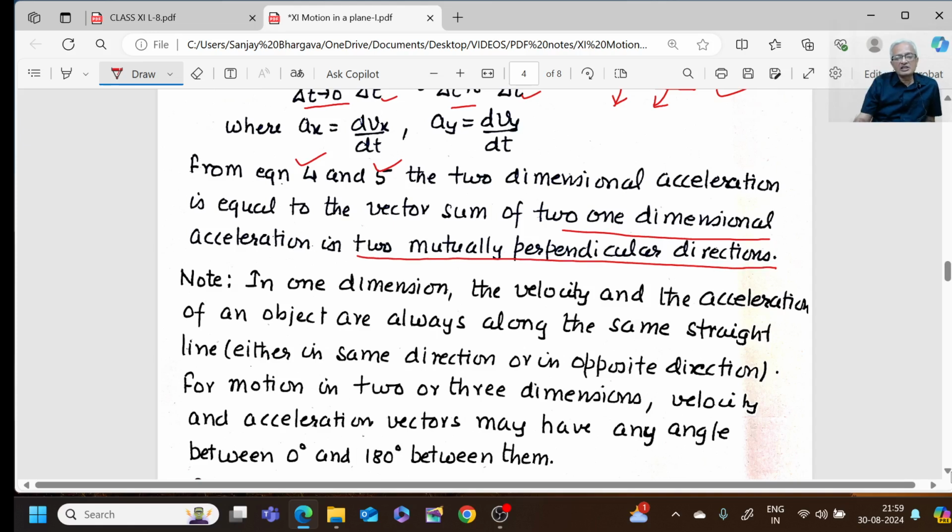So the general statement is correct. In two-dimensional motion, either two-dimensional displacement, velocity or acceleration is nothing but the vector sum of two one-dimensional components of displacement, velocities or accelerations in two mutually perpendicular directions.